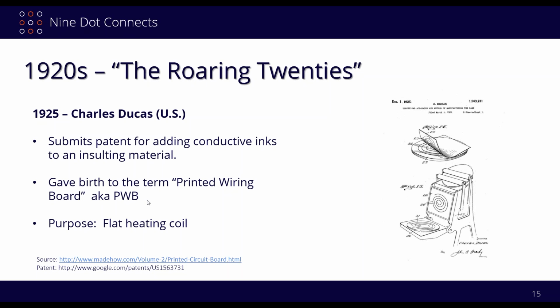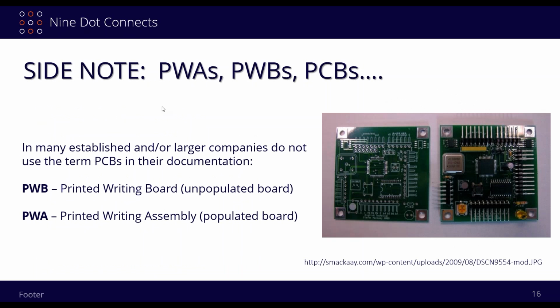Okay, but I want to take a side note on this because I think this is a point of confusion. It certainly was for me for a while, because you always hear these terms PWAs, PWBs, and of course we use the generic term PCBs. So if you work for a company that's really large, or one that's been around for a long time, you're probably familiar with the concept of PWAs and PWBs.